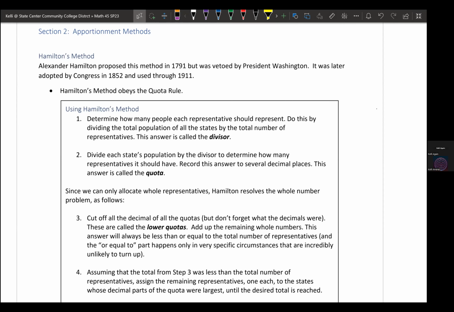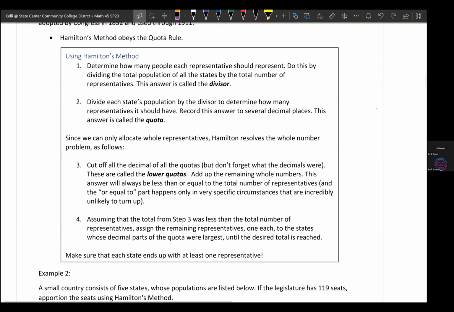All right, so let's see how Hamilton's method works here. First, you determine how many people each representative should represent. You do that very simply. You take the population of the whole country, so all the states added together, the entire population, and you divide it by the number of representatives. So you take your total population and divide it by the number of representatives.